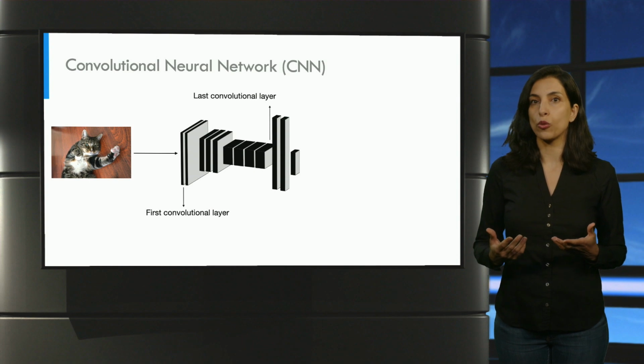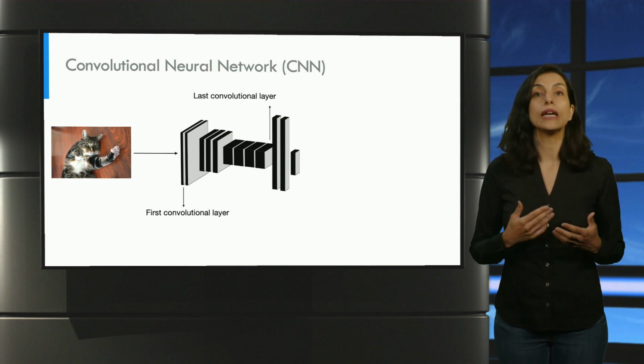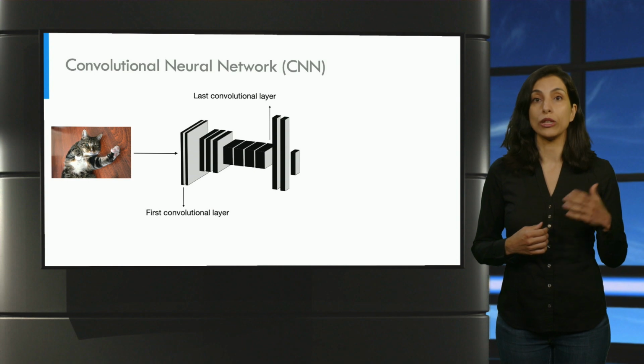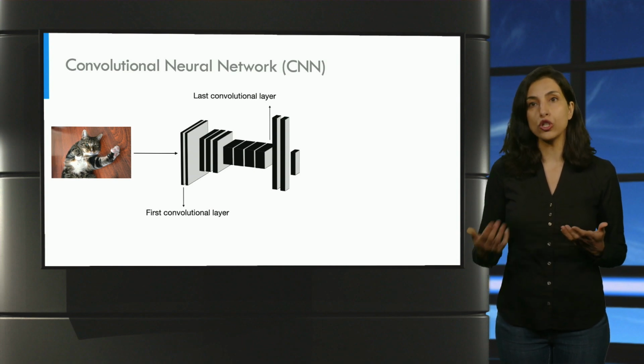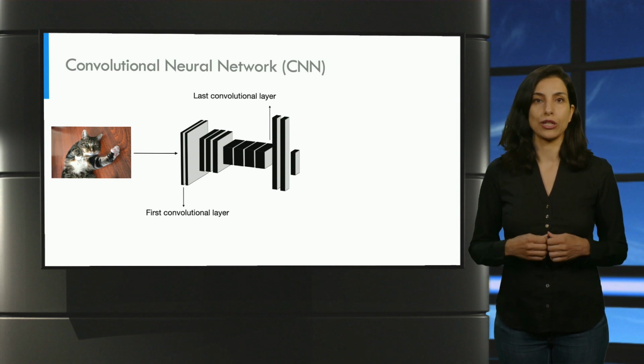The first convolutional layer consists of special filters that operate 2D convolution on the image. This creates 2D feature maps of the input image. Successive 2D convolution operations are performed in intermediate convolutional layers between the first and the last layer to create a hierarchy of visual features for the classification task.